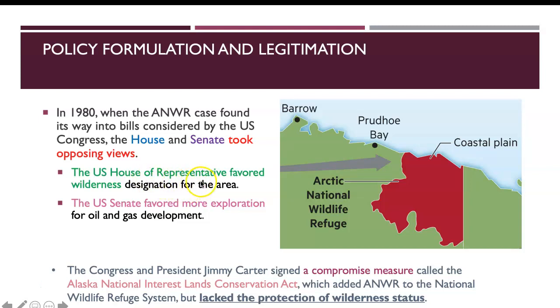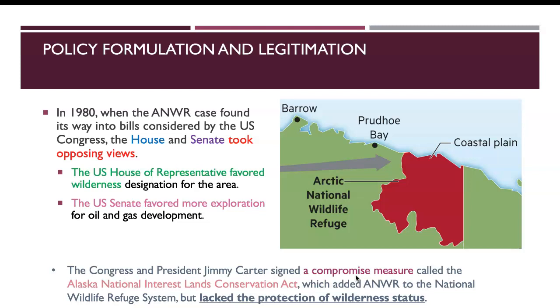The House of Representatives favored wilderness designation for the area. They think this area should be protected, and the Senate favored more exploration of oil and gas development. So within the Congress, we have split opinions.